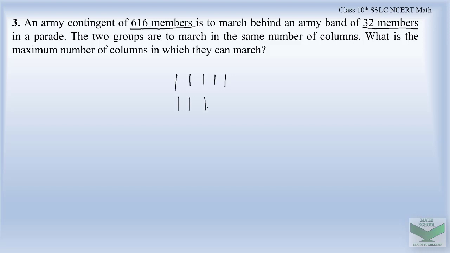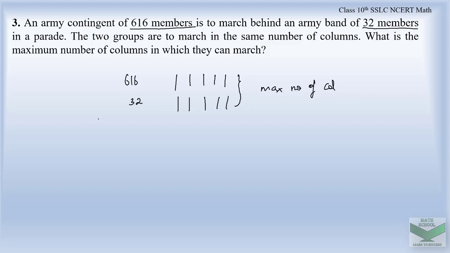Okay, the 616 member army contingent has to march ahead of the army band of 32 members. So we have to determine the maximum number of columns in which they can march, one behind the other.